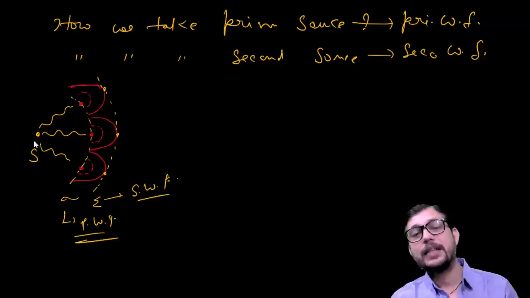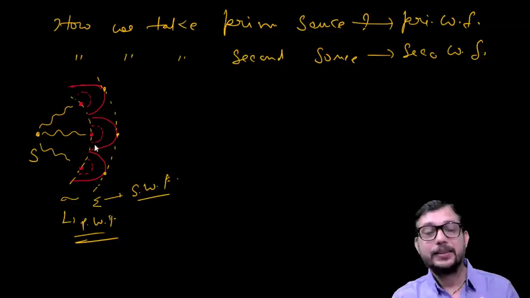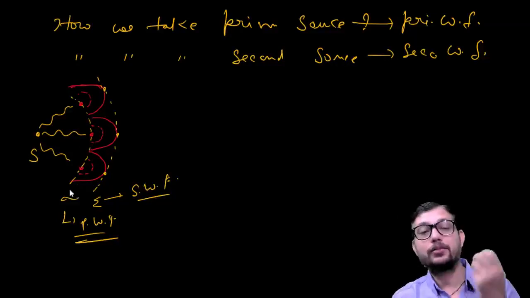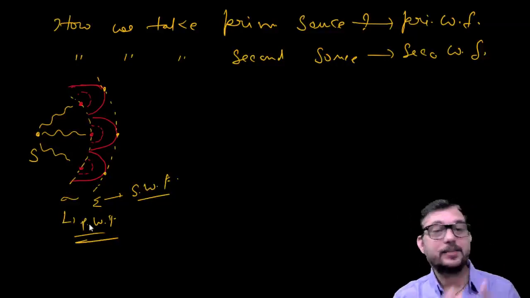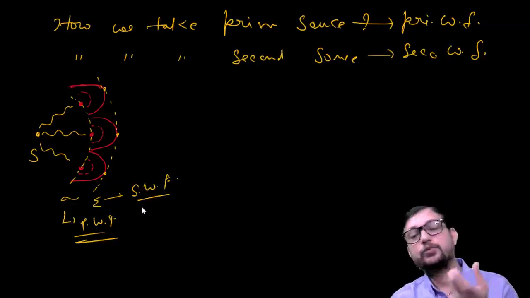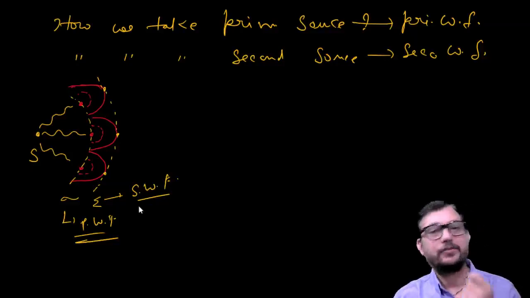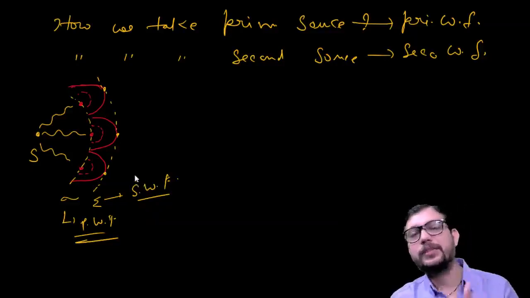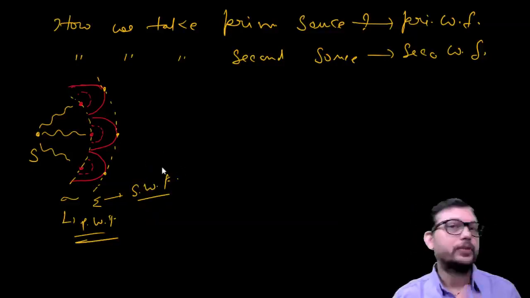After that, after a finite distance, you have to take your first surface as a primary wavefront, and after some time interval, you have to choose another surface that behaves like a secondary wavefront. So this concept we will apply in the ray optics diagram.